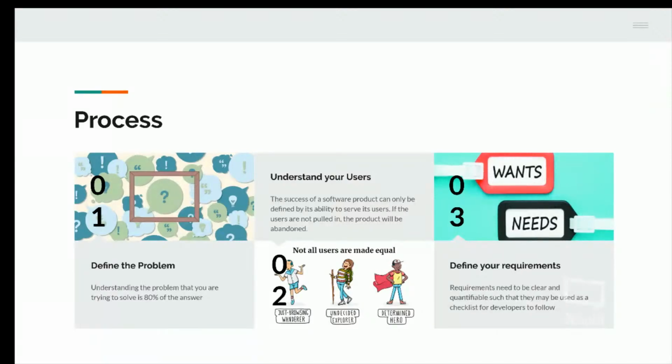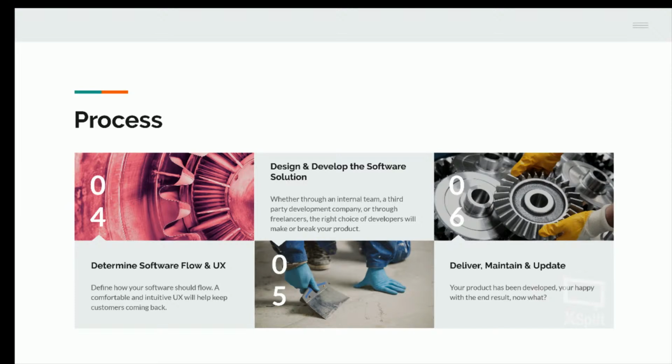You're either going to spend too much time building too much, or you're going to build a product that hits on some points, but misses on others, which can make it a failure in the software market. So while we're talking about this process, we're going to take each one of these in detail, and we're going to explain how to do each of these.